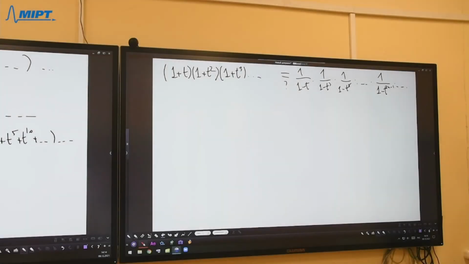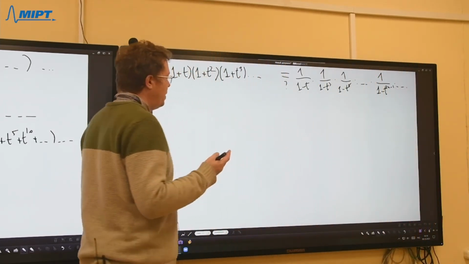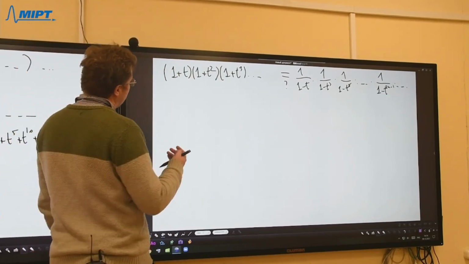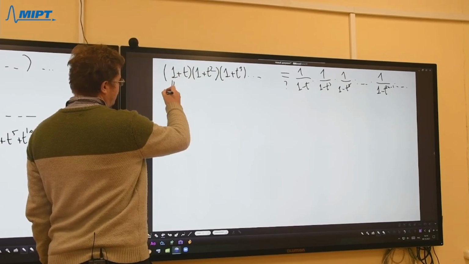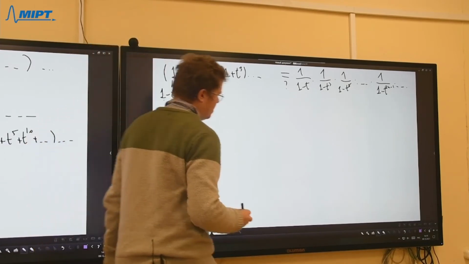So what can we do here? We have two options. Either we make the right hand side similar to the left hand side, or vice versa. If we want to make the denominators 1 minus t, then we can just represent 1 plus t as 1 minus t squared over 1 minus t.